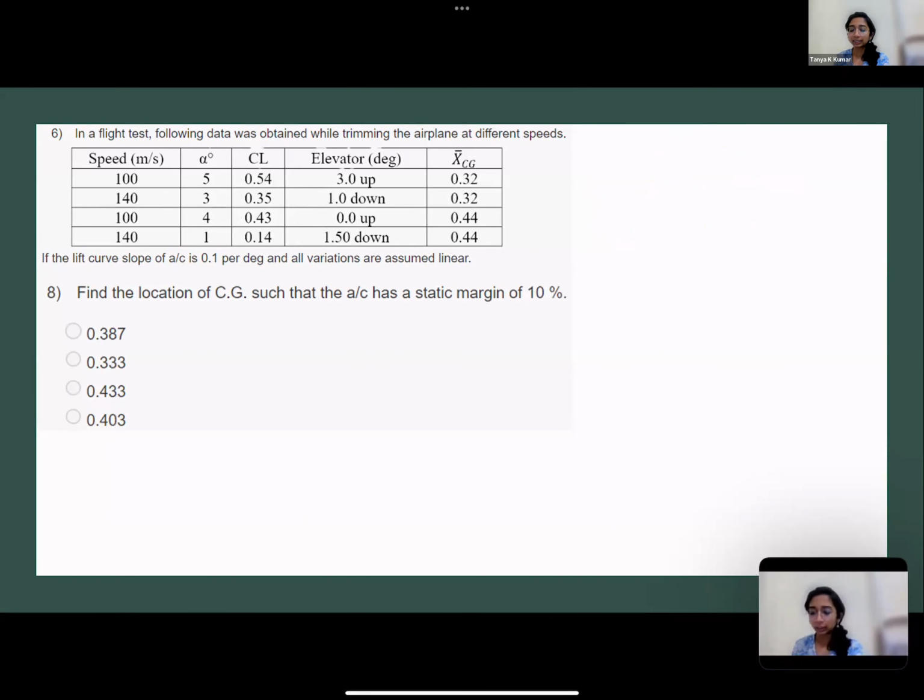Similar question, next question, static margin 10%. Just tell me this. How do you do this?